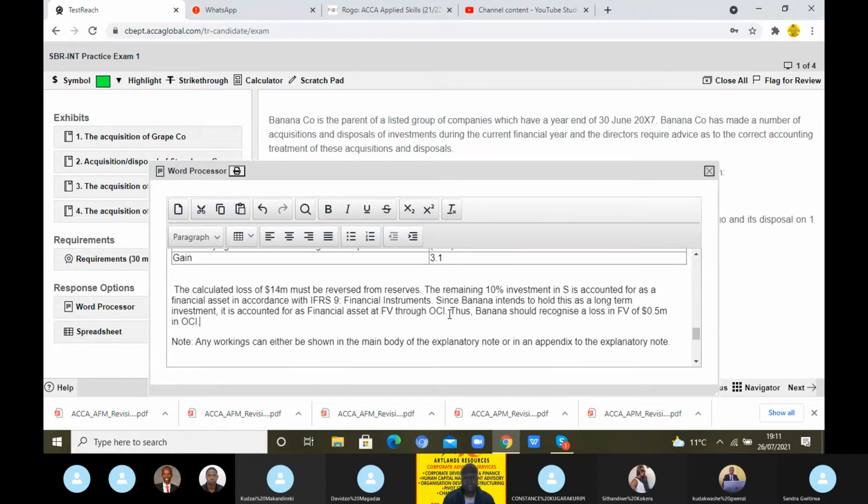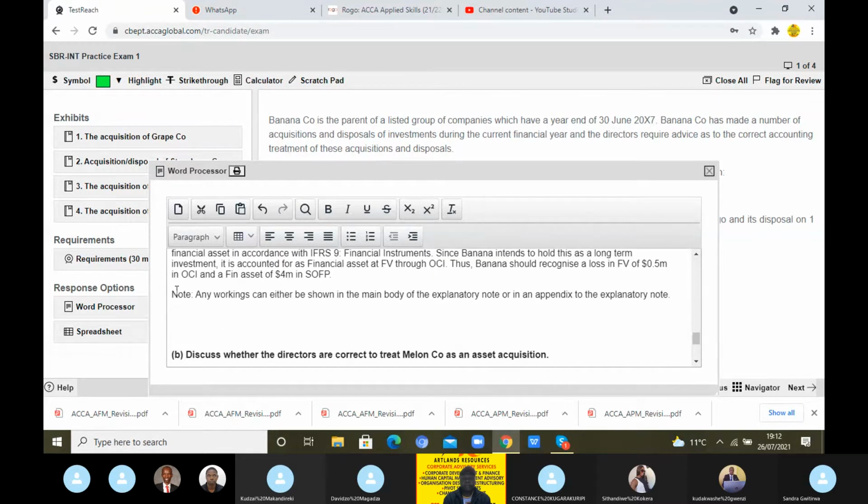Right. And in the statement of financial position, you put a financial asset of 4 million. Right. So there you go.